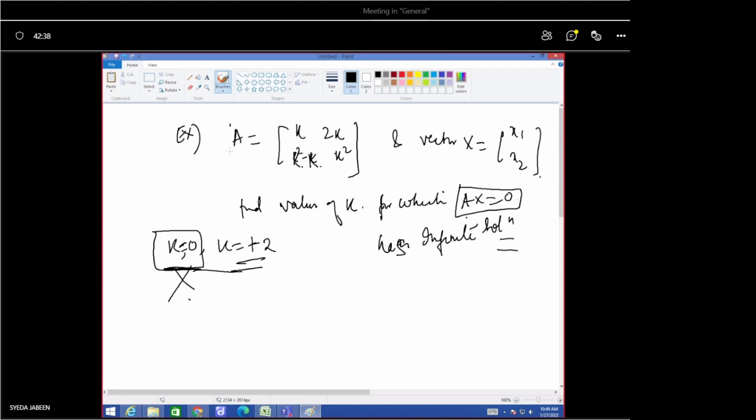That means your matrix is singular ही हो गया है। singular होने से तुम्हारा determinant भी नहीं होगा कुछ, तो ये वाला नहीं consider होगा। So we cannot consider this case. So only the case is K is equal to 2. Got it? Yes ma'am. Okay, I have finished this module also.